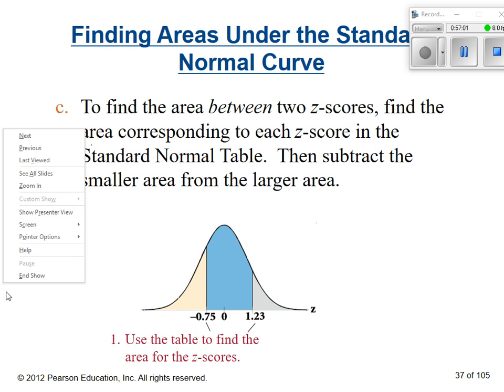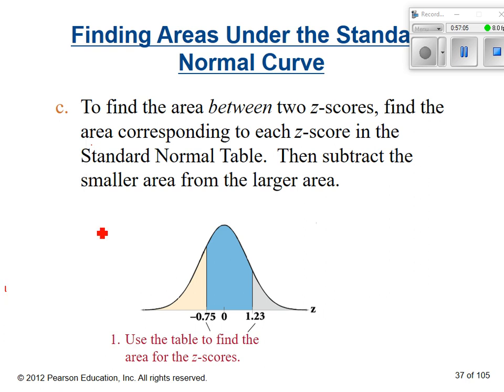Same idea here. On this one, if we're finding the area in between, so we're looking for this area in here, it's a little tougher to use the chart. If we're going to use the chart, we'd have to find the area from here down, then find the area from here down, and do what with those two? Subtract them.